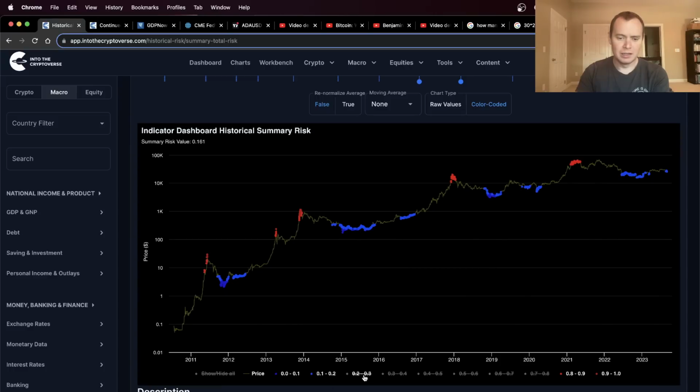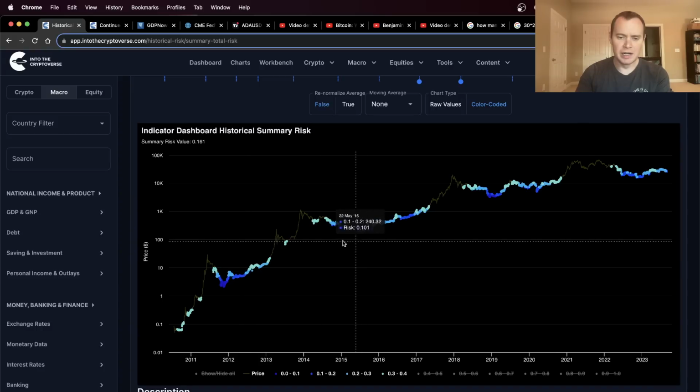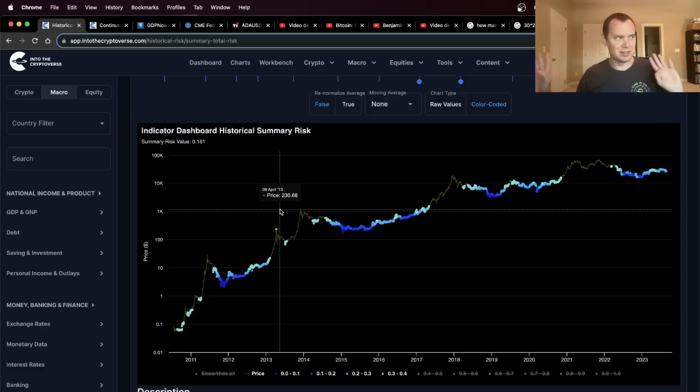If you DCA Bitcoin below 0.3 risk, you can see what it would look like. Below 0.4, right? Let me hide the peaks here. This would be below 0.4. That's what it would look like. So you would essentially be fine with all the volatility that comes in here. But then whenever we get one of these parabolic moves, you say, all right, guys, this is too rich for my blood.